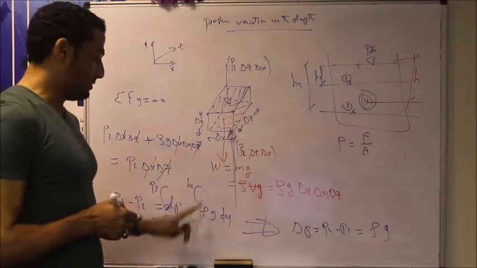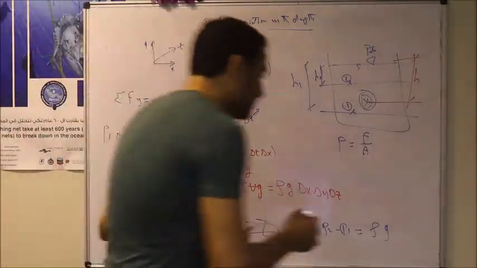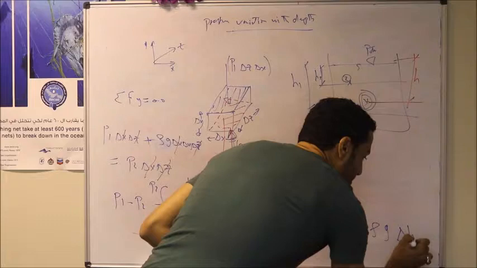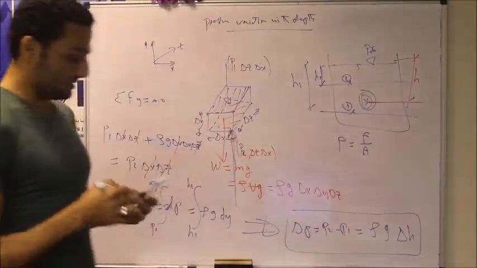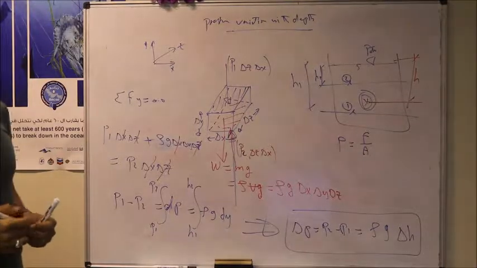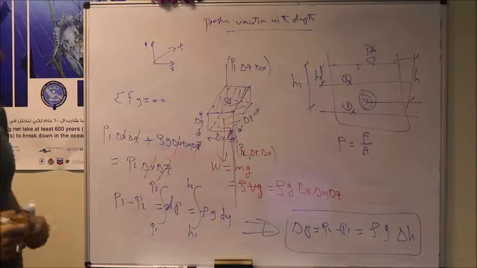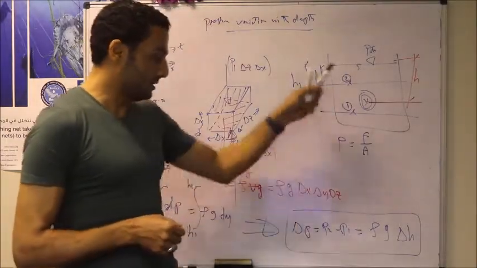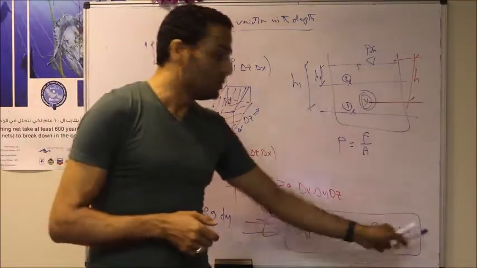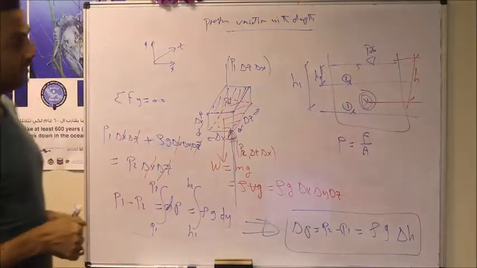So the integration of dy from h1 to h2 will equal rho g multiplied by h2 minus h1, which we call delta H. And this is the pressure variation between any two points within the fluid: the pressure difference P2 minus P1 or P1 minus P2 will equal rho g multiplied by delta H.